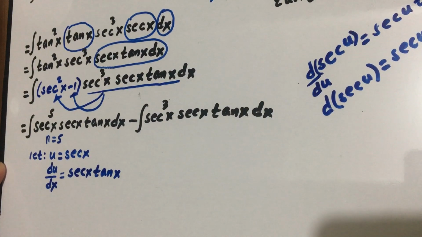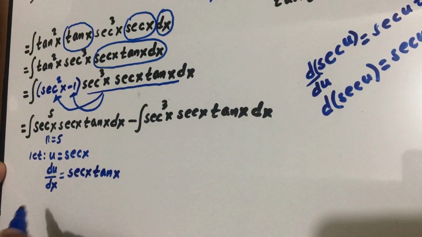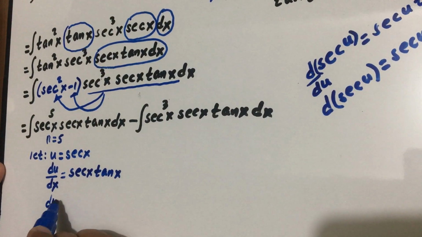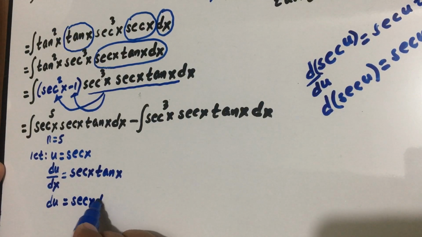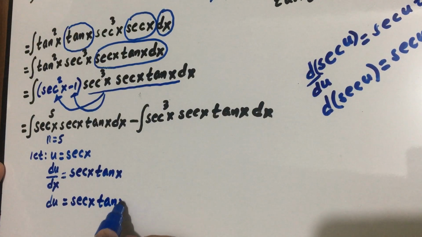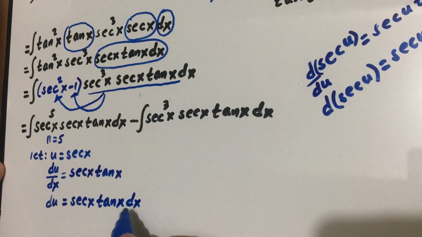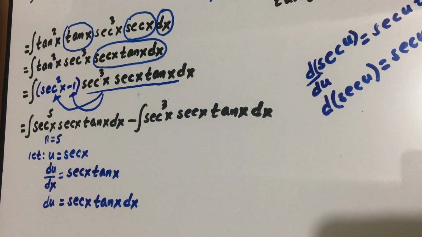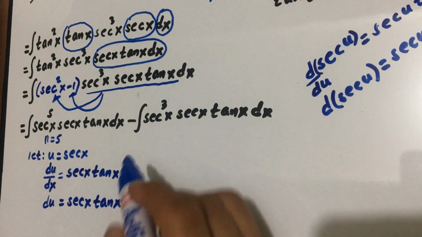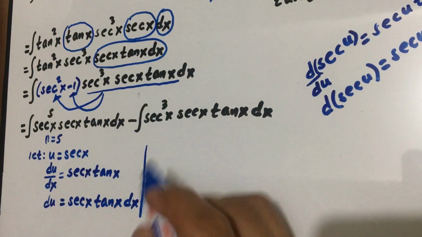Now if you multiply both sides by dx, you have du equal to secant x tangent x dx. Okay?